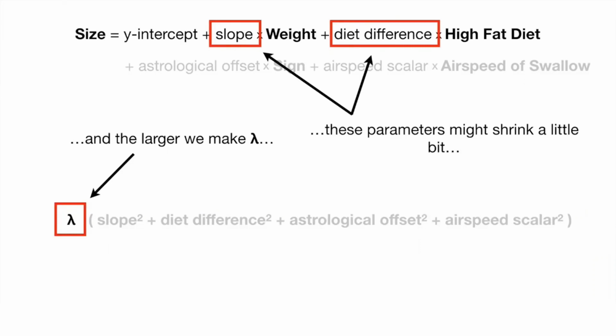The larger we make the value of lambda, these parameters might shrink a little bit. So with ridge regression, you are able to find optimal values of the slope and the diet difference, and it will shrink. It will lessen, so as and when the value lessens, your steep graph will become less steep.